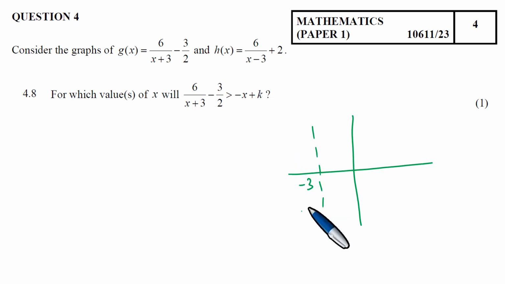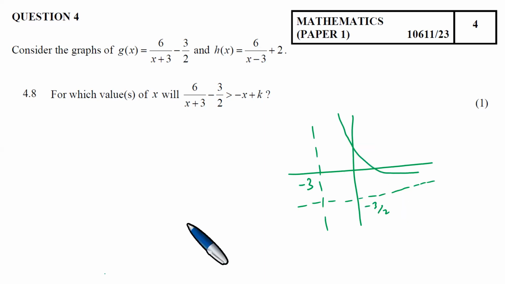And also it cuts through the number minus 3 halves. We have seen that here. And therefore you have these here is this, which means that you have here, this one is 1/2, and this one is 1, and this one is like this.